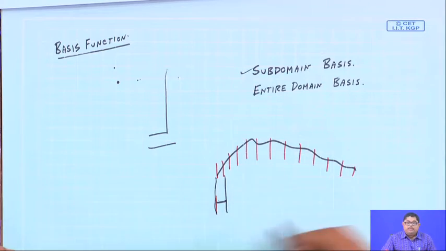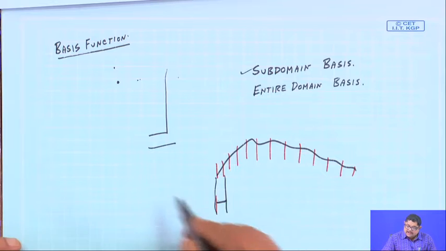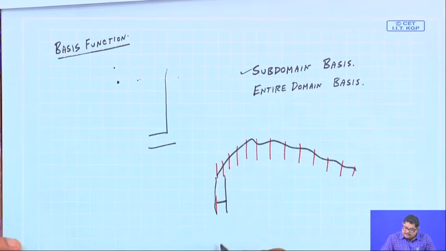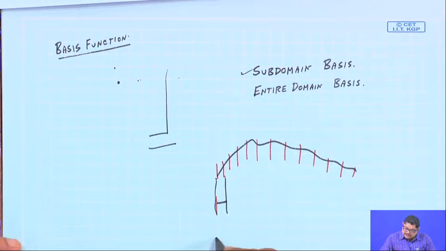So, once you put this basis, finally, you will get the current distribution something like this.